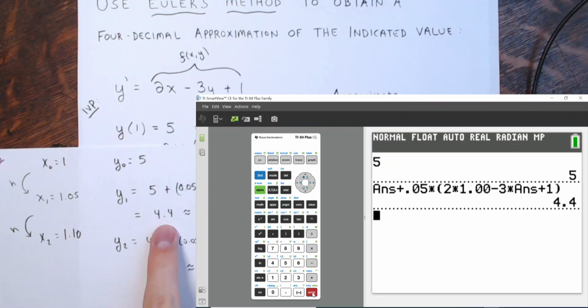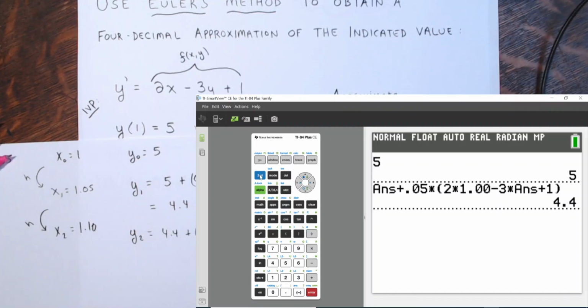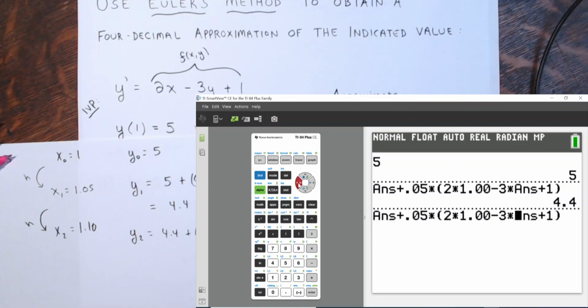So that's at 1.05. Then the next step, when x equals 1.1, I just go second entry, and just change my previous x from 1.00 to 1.05. Moving the cursor there, change that to 1.05, and you see 3.895.